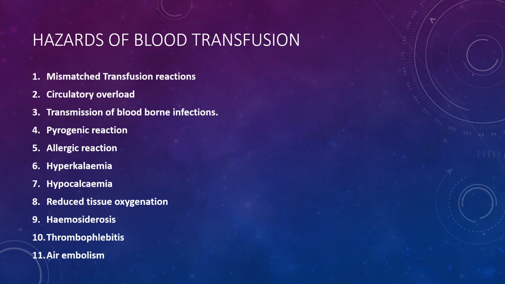Then hemosiderosis due to iron overload may occur following repeated blood transfusion, particularly in thalassemia patients. Thrombophlebitis and air embolism are very rare complications of blood transfusion; air embolism is the entry of air into the blood during transfusion. So it's a very rare phenomenon.